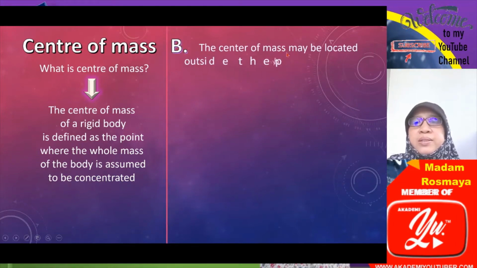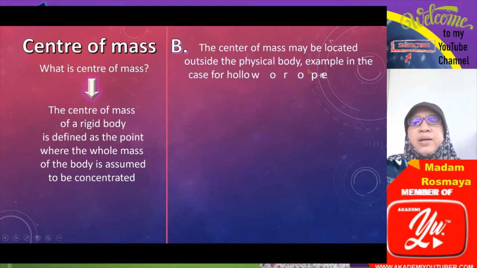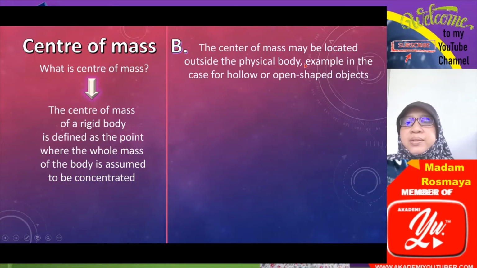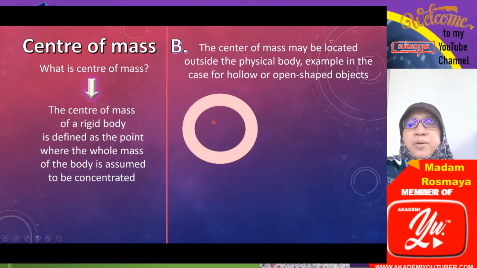The center of mass of a physical body that has uniform density may also be located outside the physical body. An example is a hollow or open-shaped object like this one.